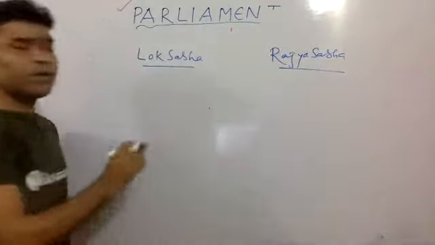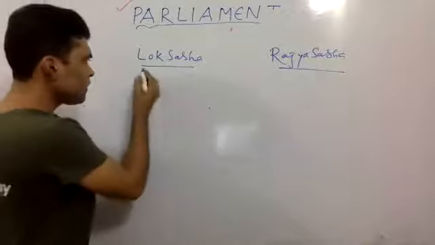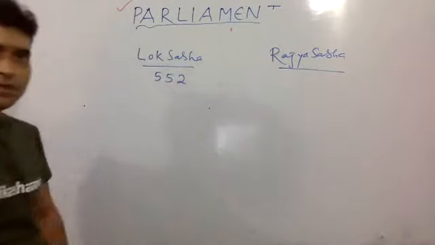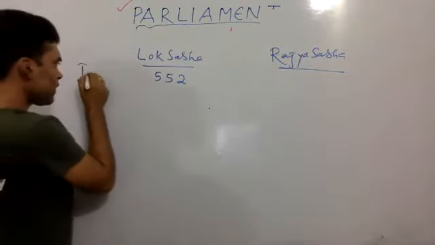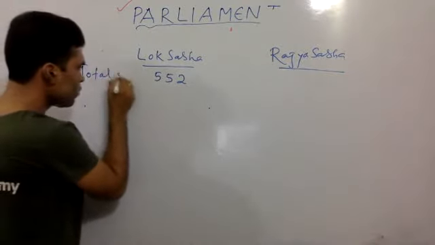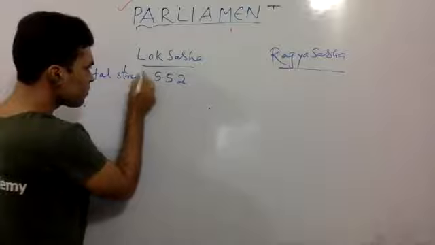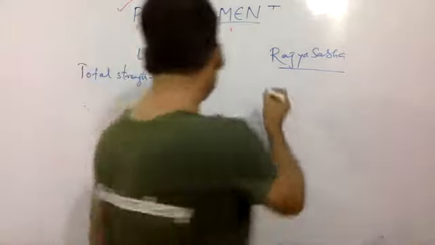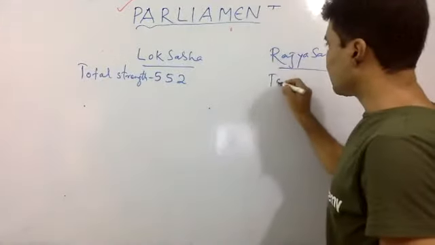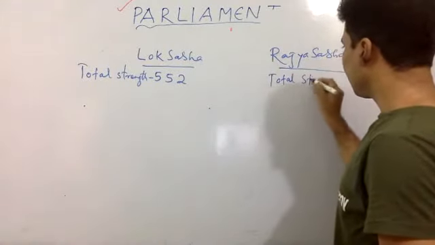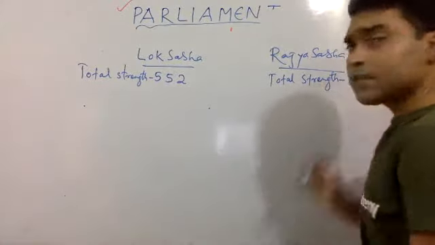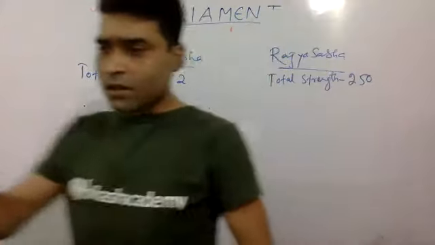First, we'll complete Lok Sabha. You see, we have 552 members. Try to understand. Total strength 552, and here total strength 250. This is clear.